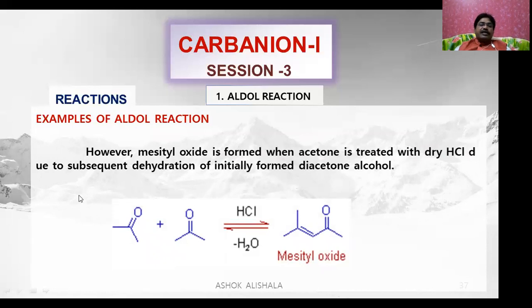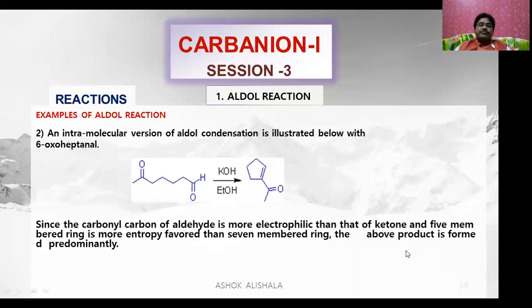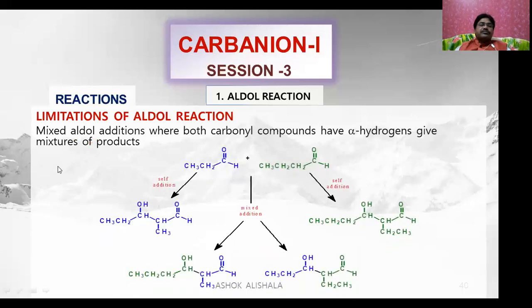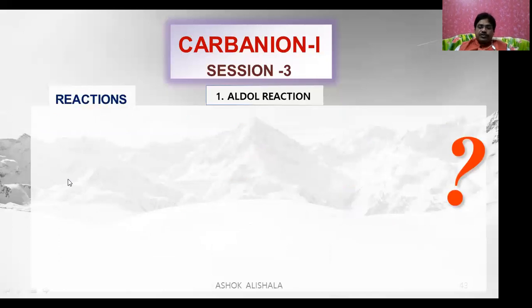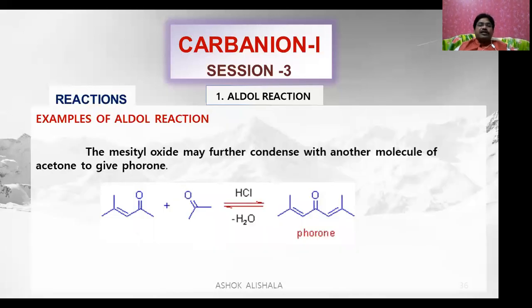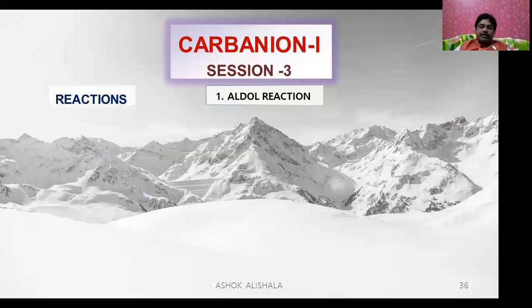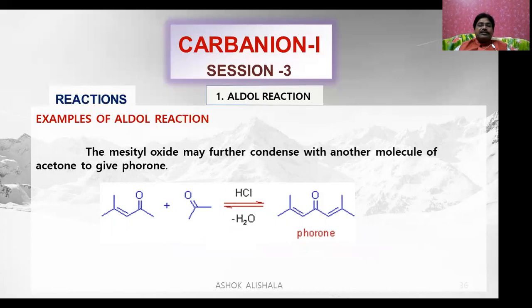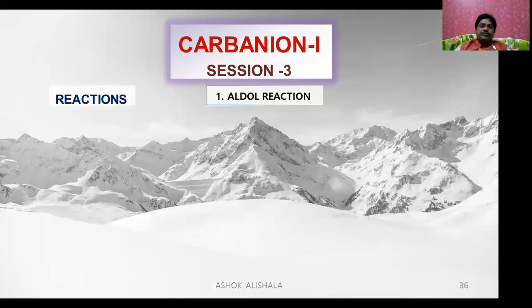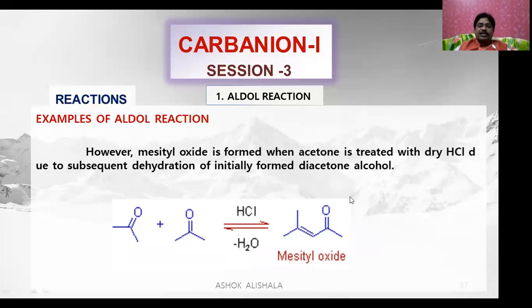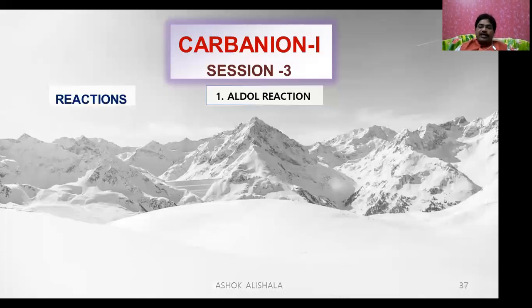In the case of barium hydroxide, you will get diacetone alcohol, whereas in the case of HCl, first we will get mesityl oxide, followed by one more molecule of acetone being added, so that you will get the phorone molecule.